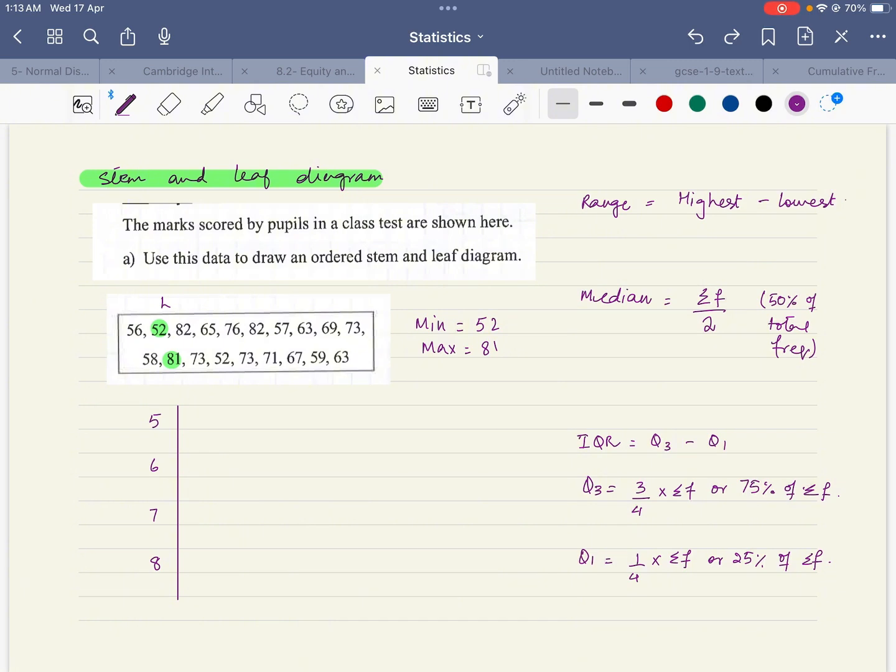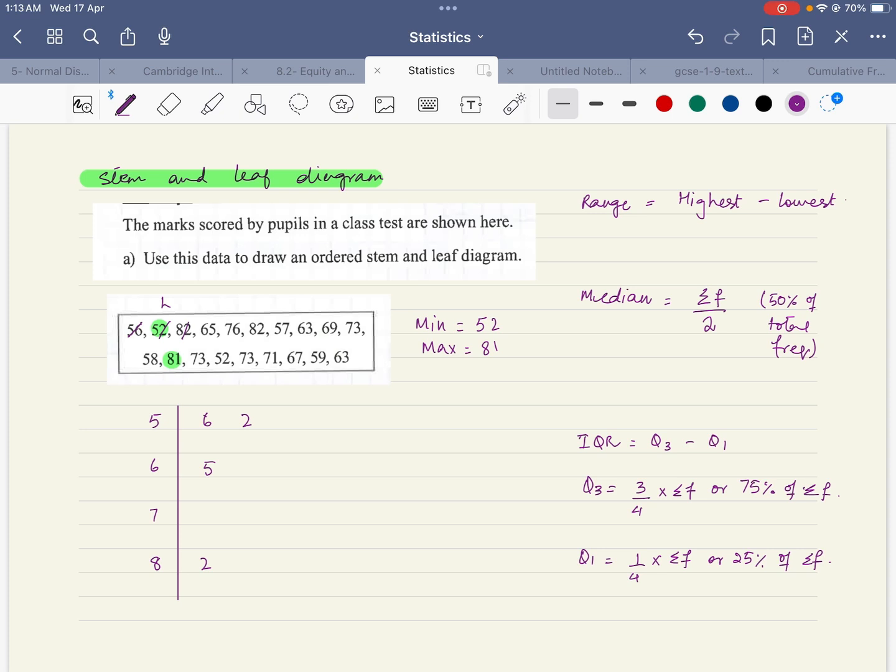That's why I'm saying single stem and leaf diagram. Let's say the first number is 56. I'm going to cancel them out so that I know what I have done. The units digit goes here, 6. Then we have 52, 2. Then we have 82. Then we have 65.